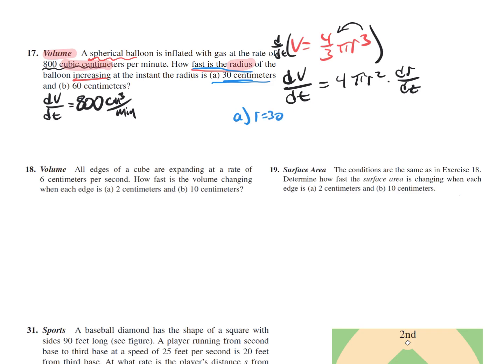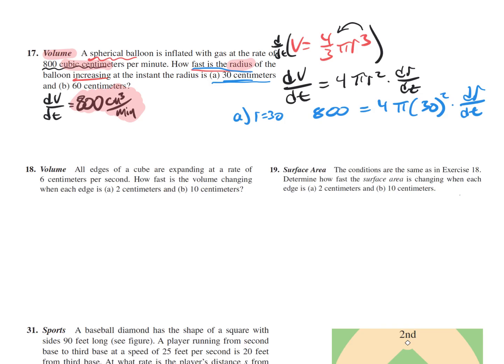And we also know that dV/dt is 800. So we've got 800 equals 4 pi times 30 squared times dr/dt. And we want to solve for dr/dt.